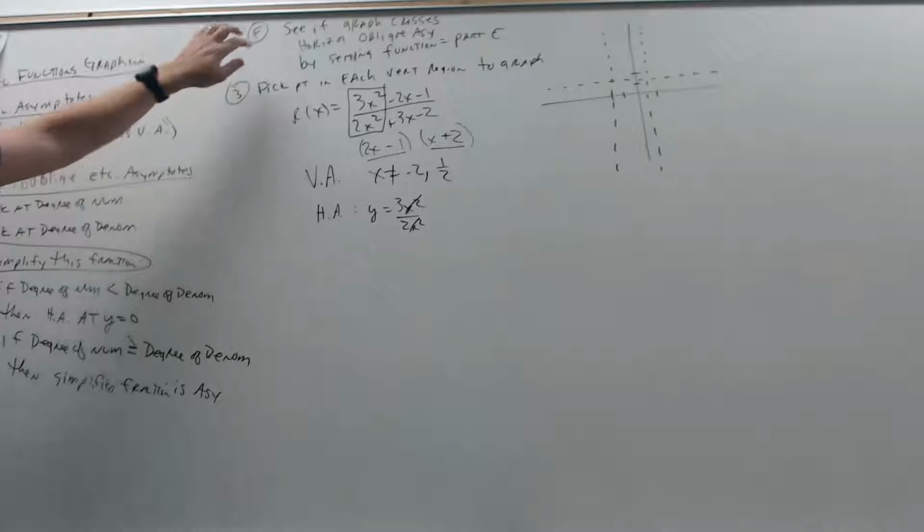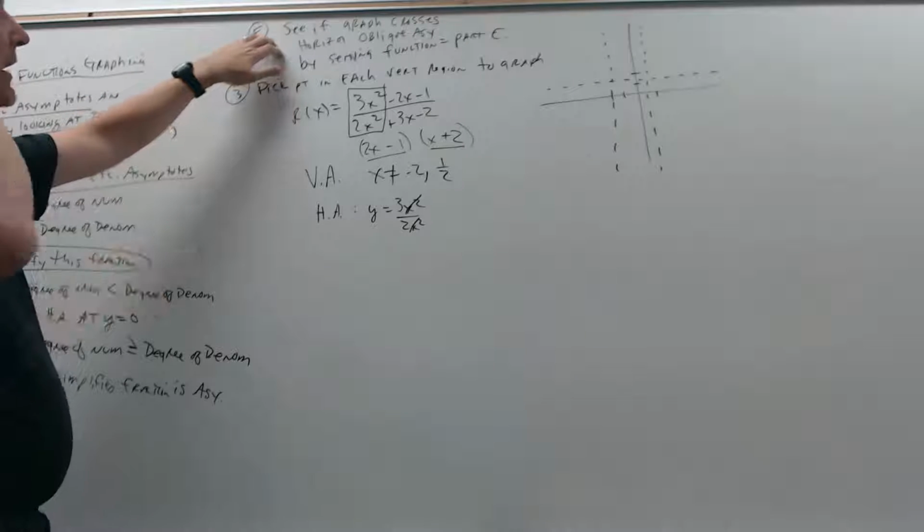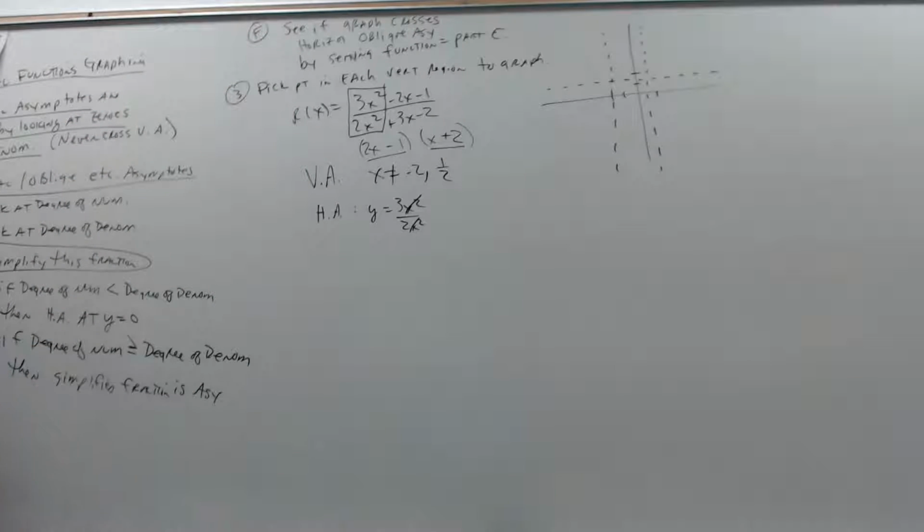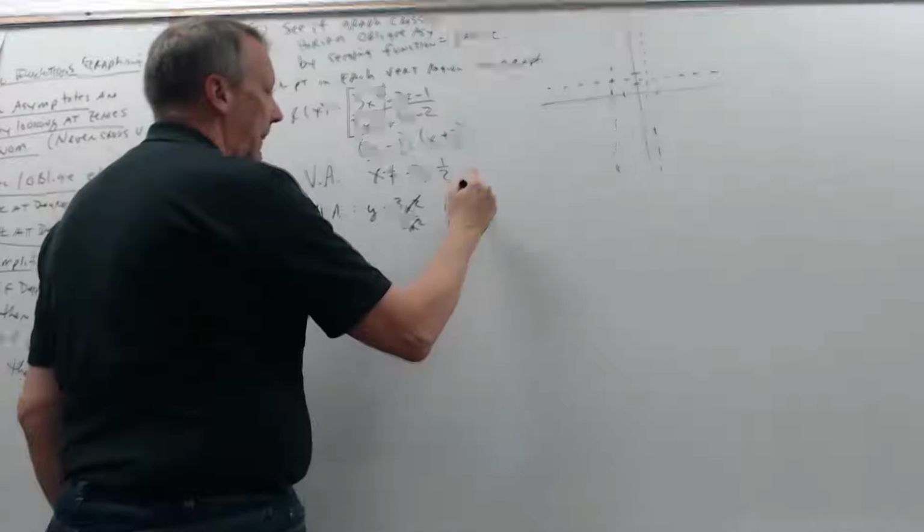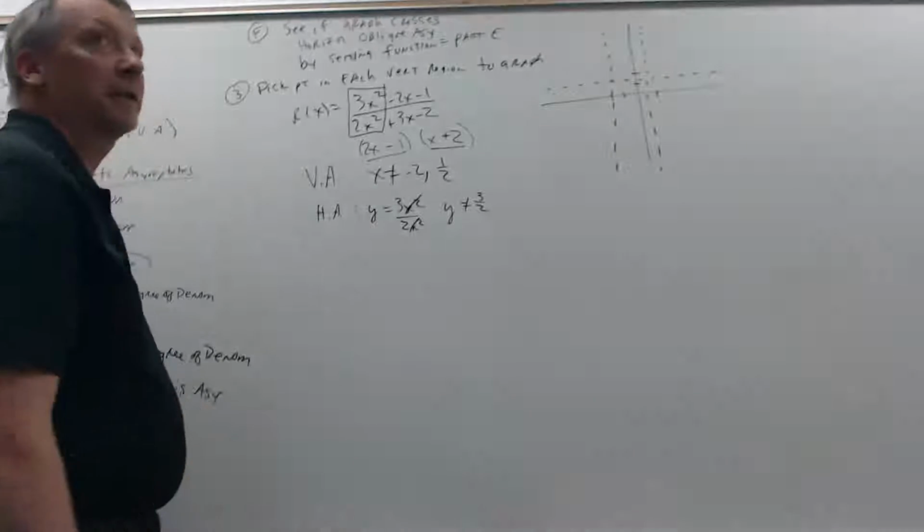Okay, so see if the graph crosses the horizontal asymptote. How do you do that? Wouldn't you set the denominator equal to 0? Nope, not to 0.